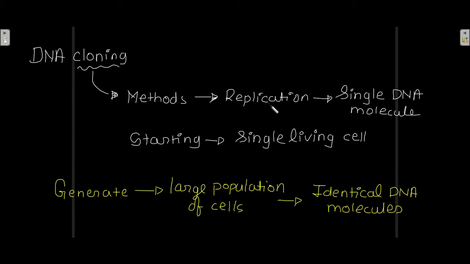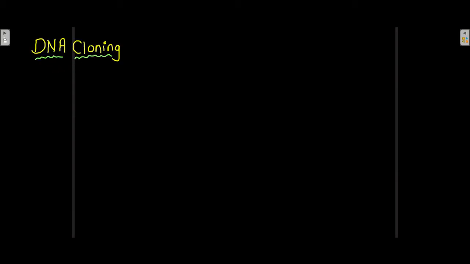So from a single cell, lots of cells are produced and they all are identical, and that is the reason why the term cloning is there in DNA cloning.